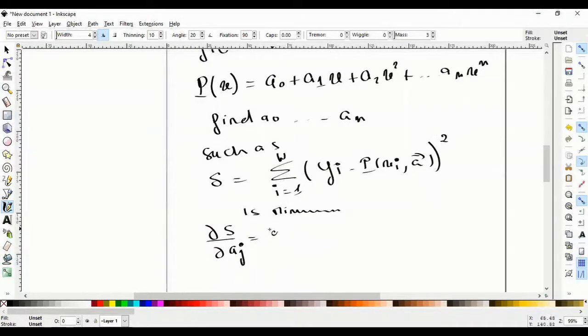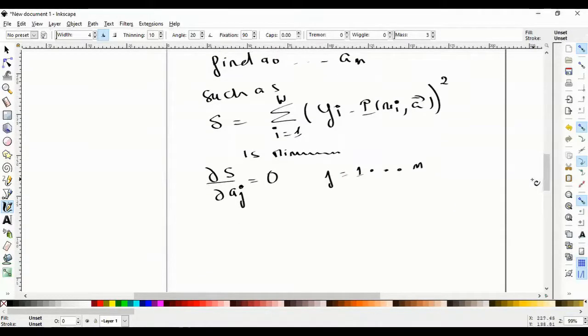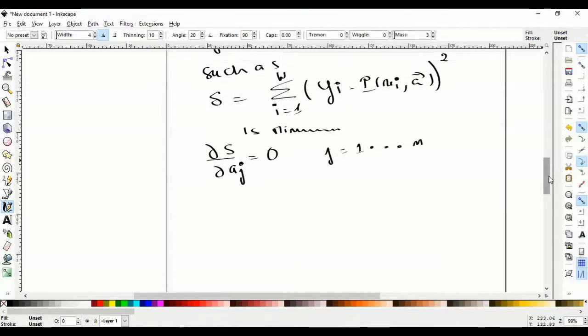So we'll have to derive ds over daj, with j going from 1 till n. So we'll have n equations here, where small n is the order of the polynomial. Okay, so it's the same approach that we did for the least square line.